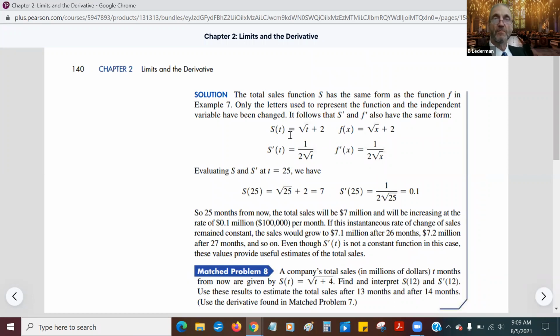The total sales is the square root of 25 plus 2, which is 7.